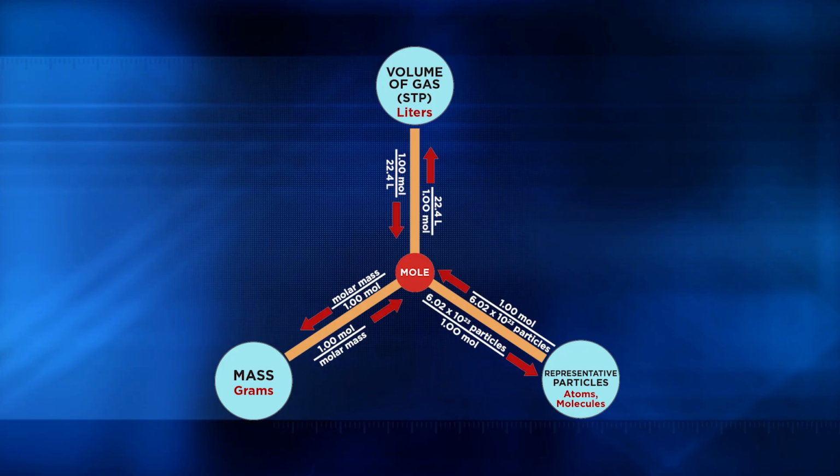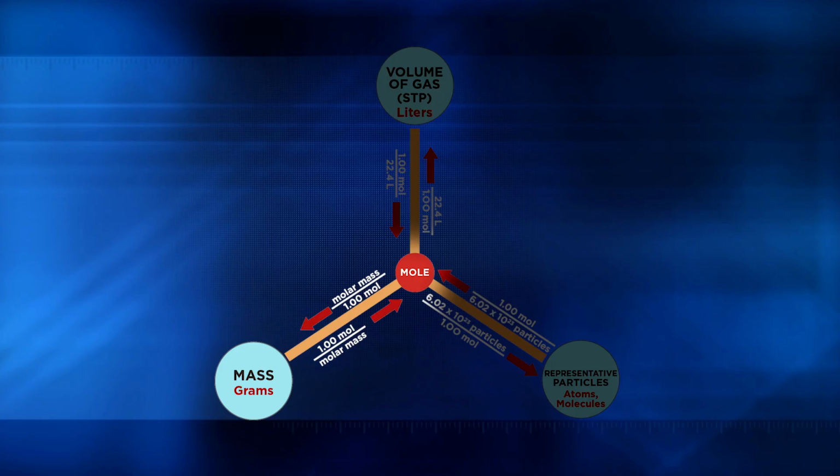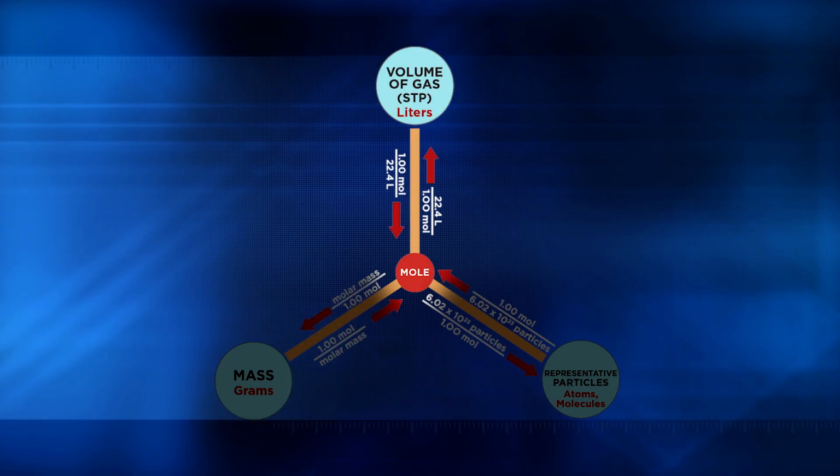This graphic organizer will help you organize your thoughts and remember the goal of each problem. This organizer shows the types of calculations we're likely to perform, such as how many atoms are in a mole, what is the mass of a mole of atoms, or what is the volume of a mole of atoms, for example. Now let's go back to our classroom, where our students are learning how to use moles to count the number of atoms in a chemical sample.